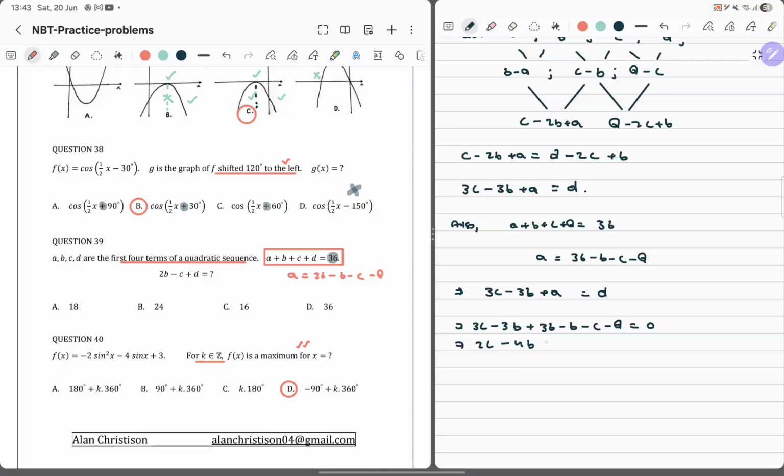Right, and then we have minus d. We can move 36 to the other side, so this is equal to minus 36.